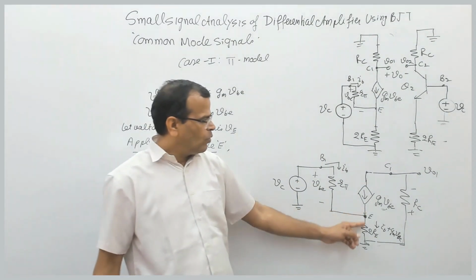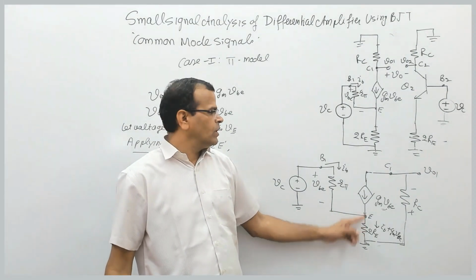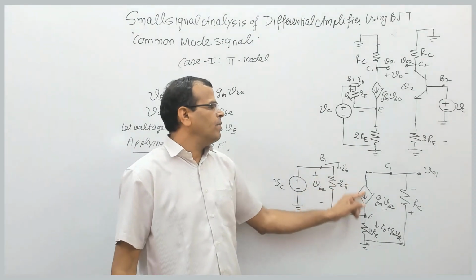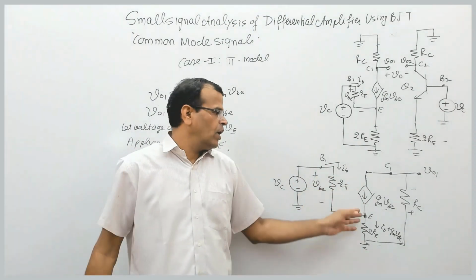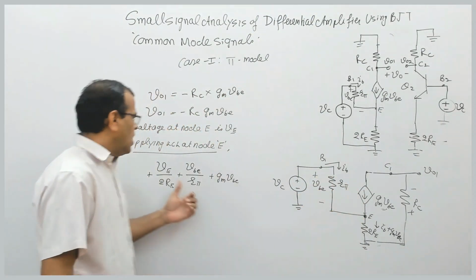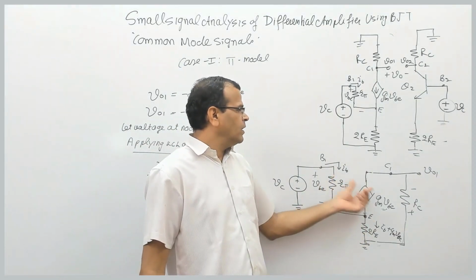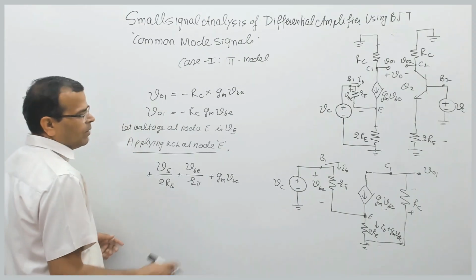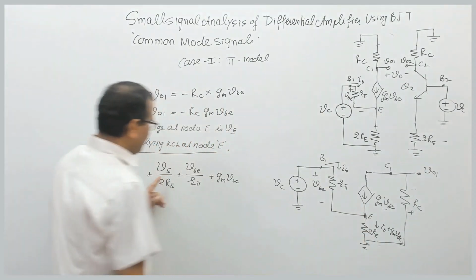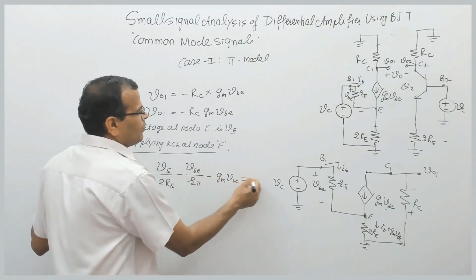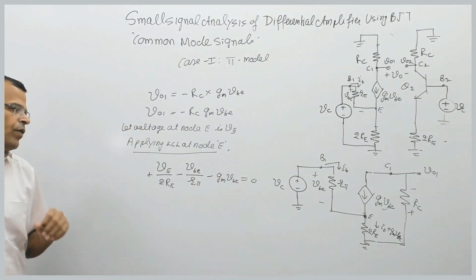If I am taking outgoing current to be positive, then incoming current has to be negative, or I can take incoming current to be positive, then outgoing current has to be negative. I'm taking outgoing current positive, so I will make these two negative, because both of these currents are incoming. Fine.